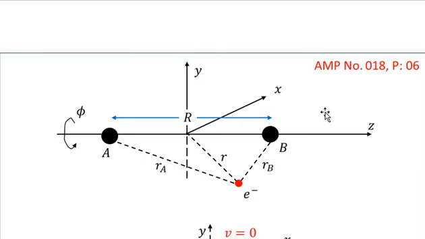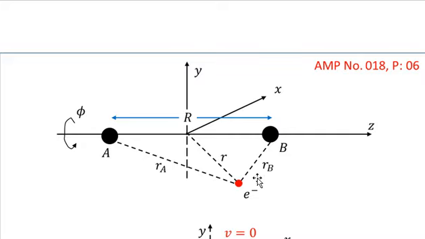So phi equal to 0 means that this electron is initially at the xz plane. When phi rotates, it rotates in the direction shown and phi will increase. So the electron will keep on revolving about the z-axis, and of course phi will keep on changing.